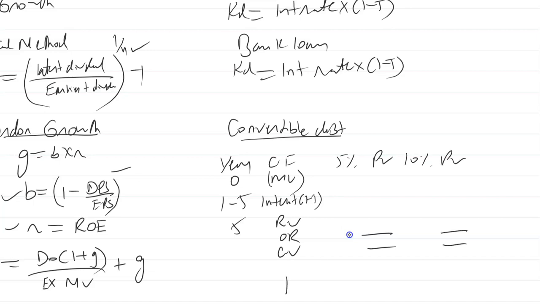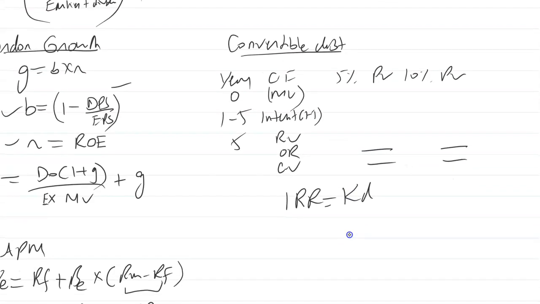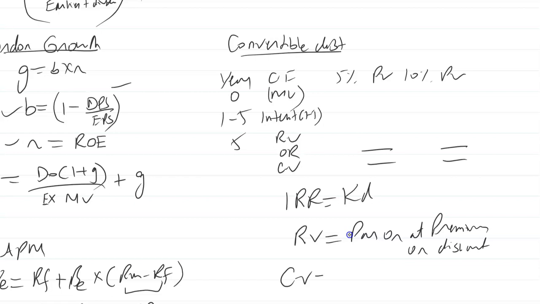You have to calculate the IRR. That IRR is equal to the KD. And remember, redemption value will be given. It can be equal to par, or at premium or discount. Conversion value is equal to number of shares into current market value into 1 plus g raised to power n. That's how you will calculate the convertible debt KD.